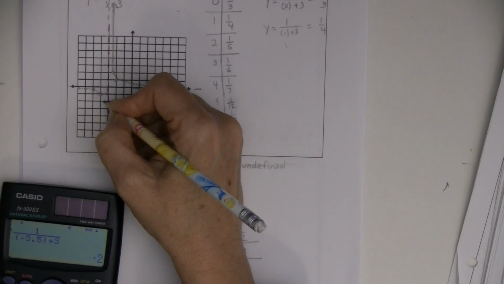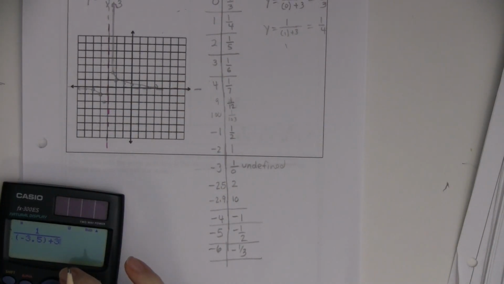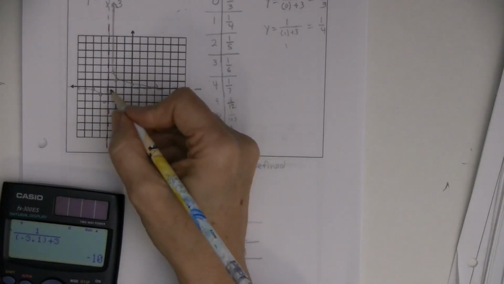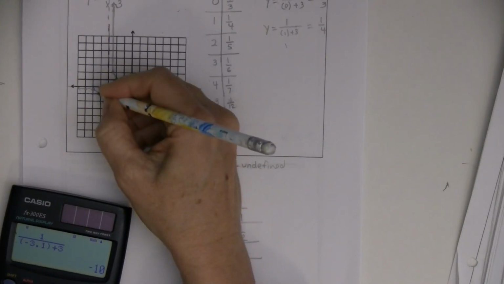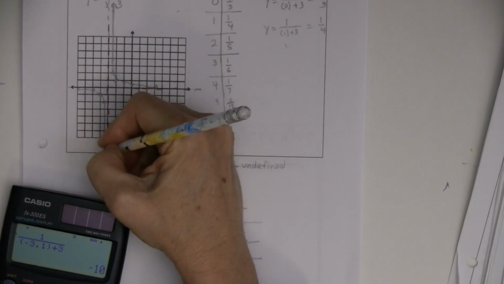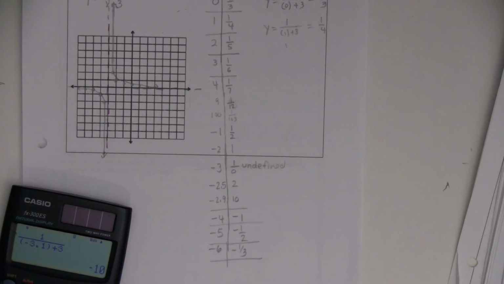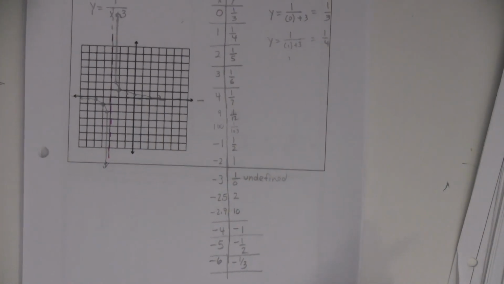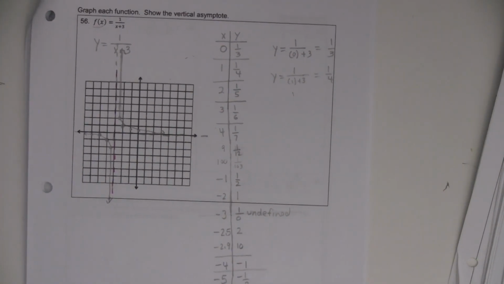And if I picked -3.1, I get -10 here. And so it does that same thing. I would really encourage you to go and look at more of the graphing that they have in the textbook. And that is the end of this video.